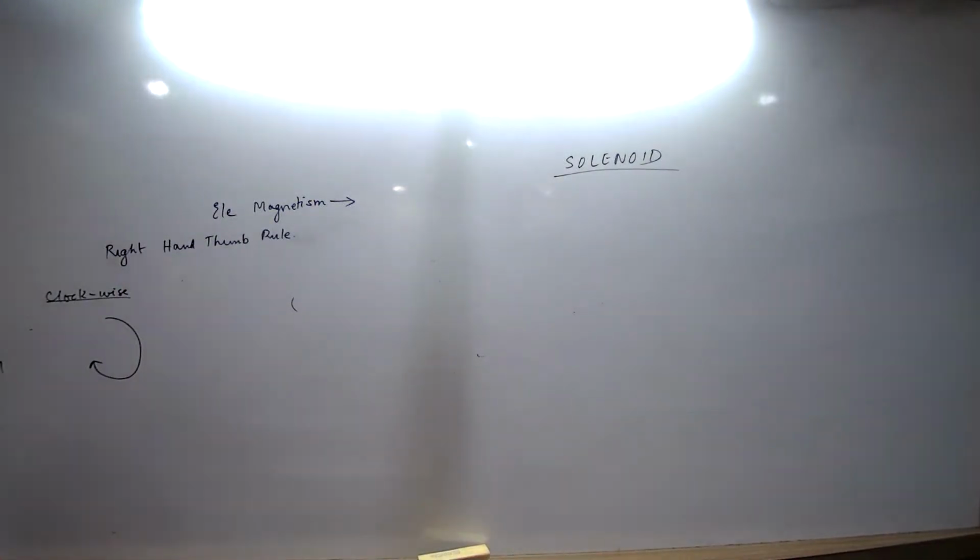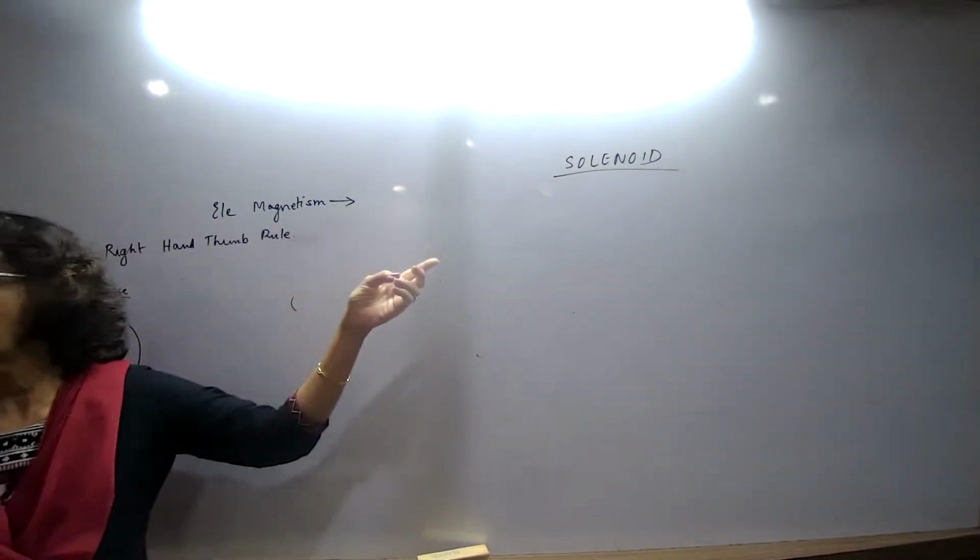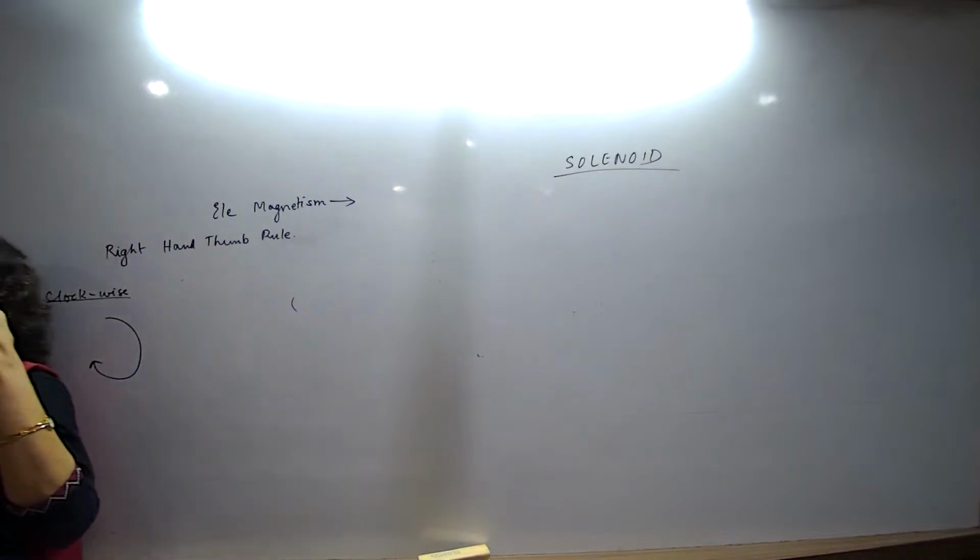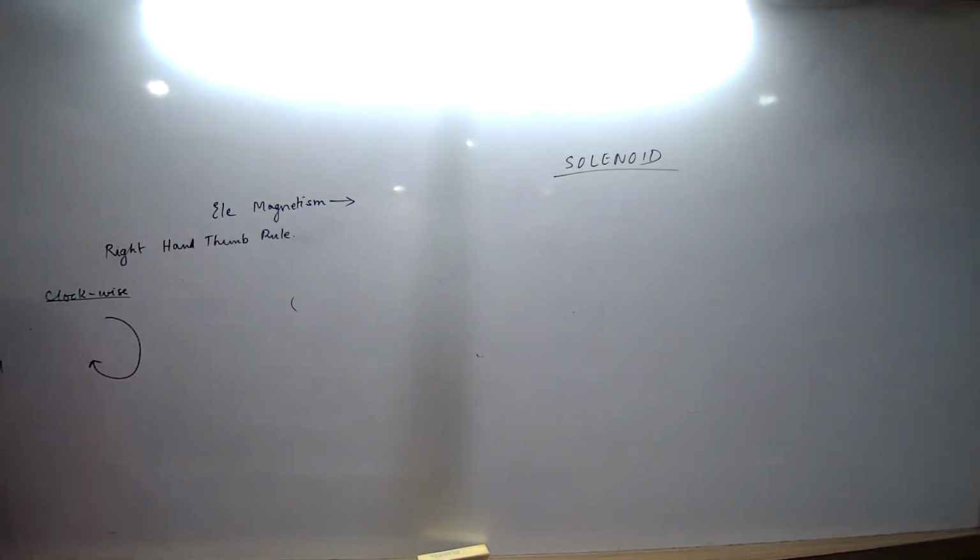We are going to discuss now regarding the solenoid. This component, the solenoid, is going to be used in many electrical appliances. Wherever we have a magnet, suppose we are using a bar magnet versus a solenoid, we see what the advantages of a solenoid are, because the solenoid itself is behaving like a bar magnet.